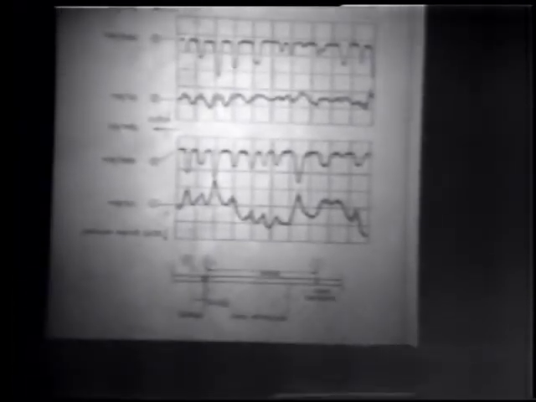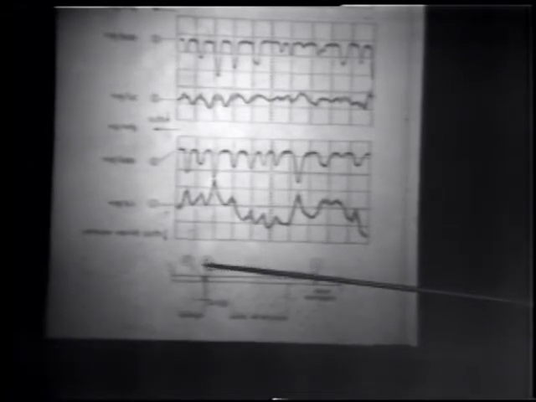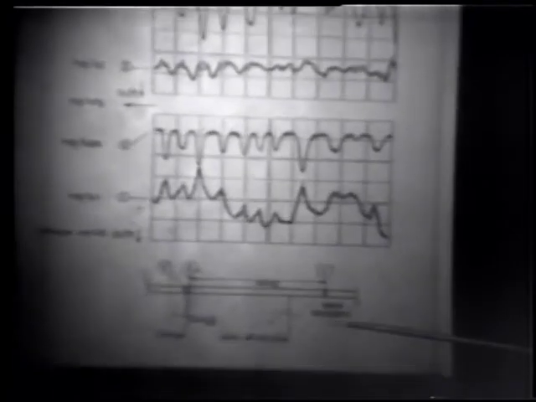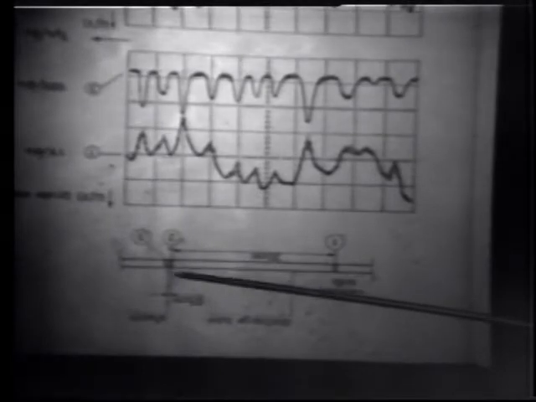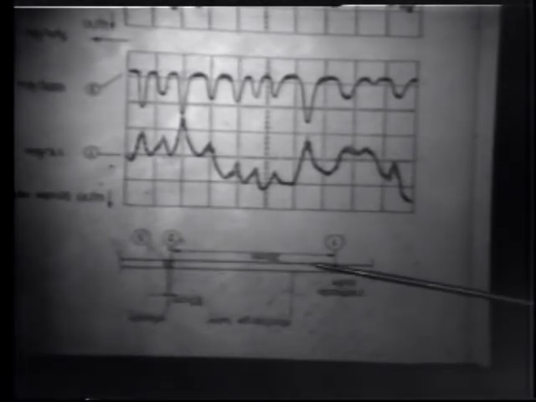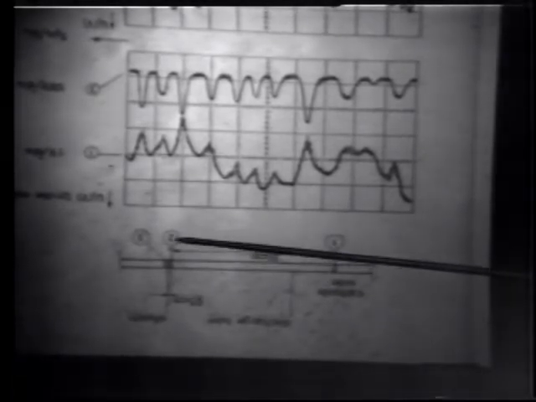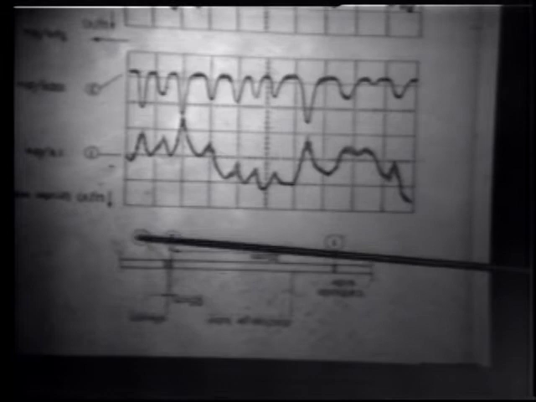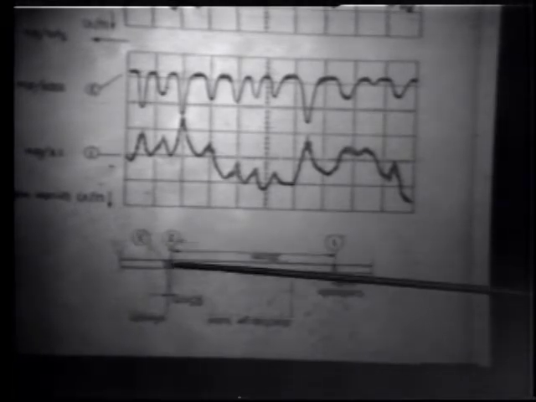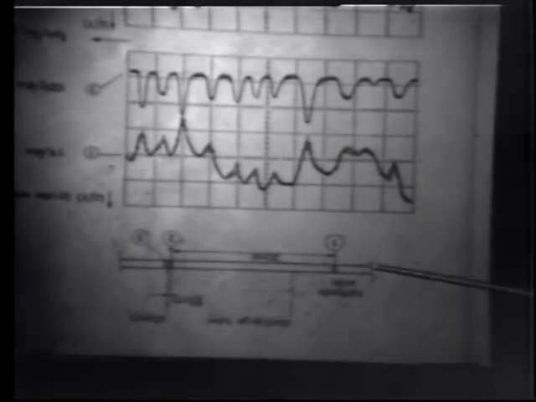And you see 3 different positions here where measurements have been made with probes in the discharge, showing fluctuations of the potential at these 3 different positions. Positions 2 and 3 here are very close together and are on opposite sides of the double layer itself.